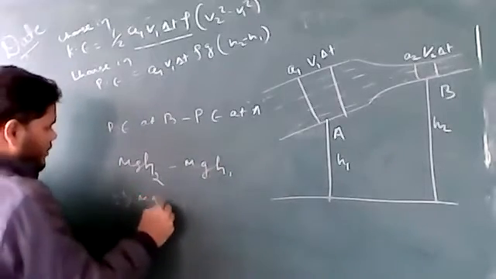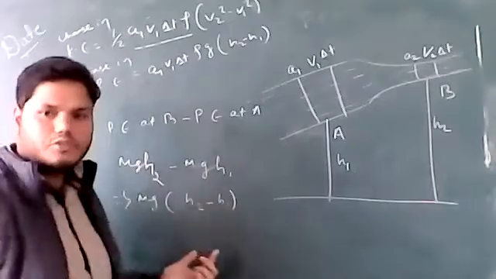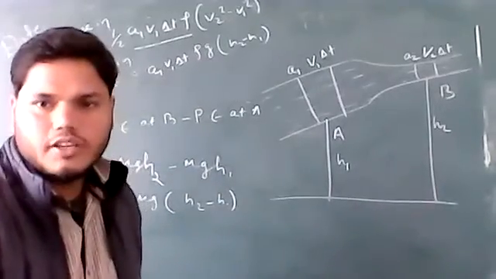If you take mg as common, then what will remain? h2 minus h1 will be the remaining.